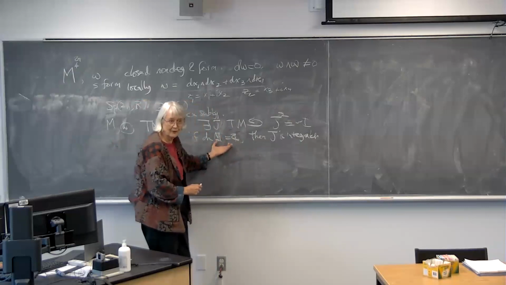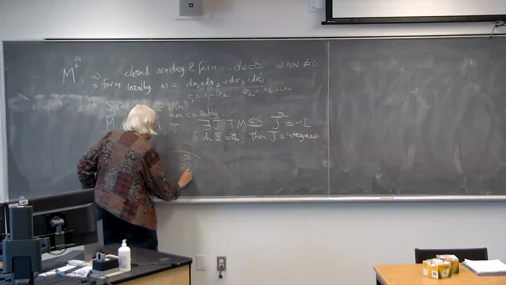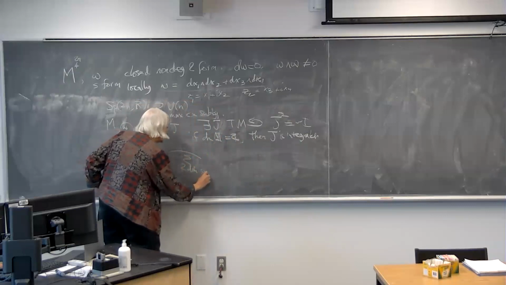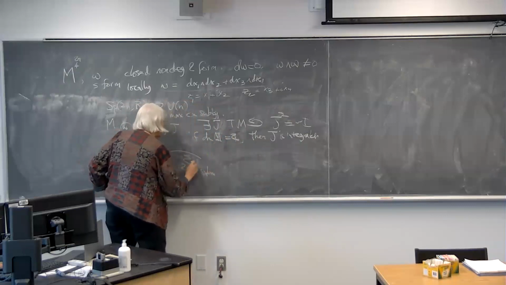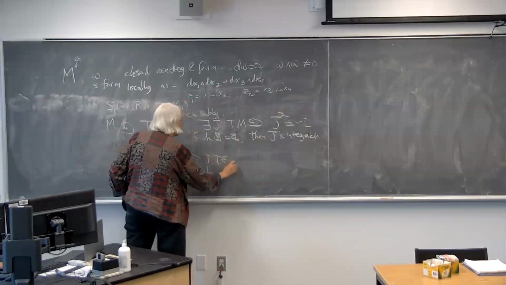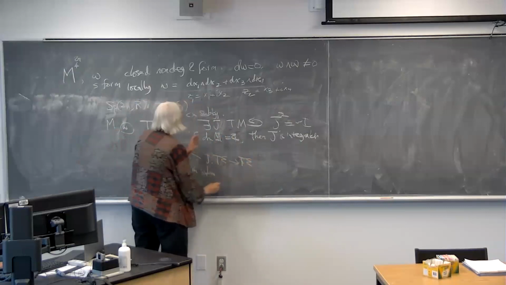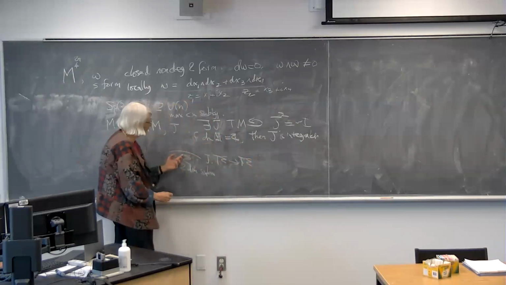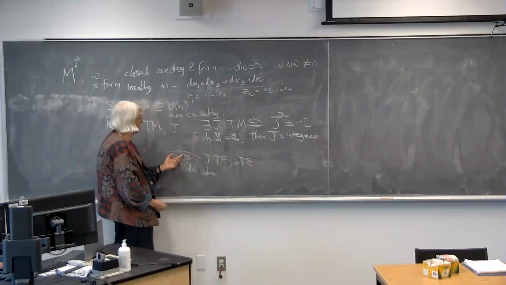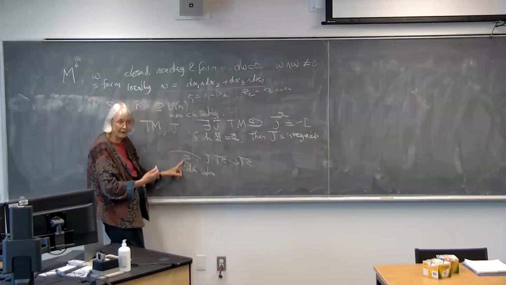So what that means is that if you have in a manifold a 2-dimensional submanifold, say sigma, and you ask that the tangent bundle to sigma is invariant under J, so you've put some almost complex structure on your manifold, and you ask the tangent bundle to be invariant under J, then this 2-dimensional submanifold inherits a complex structure.